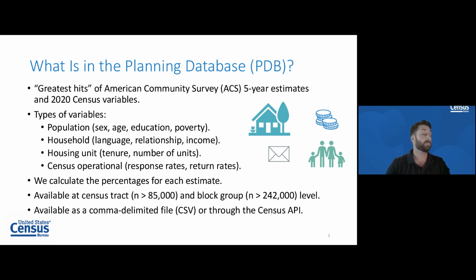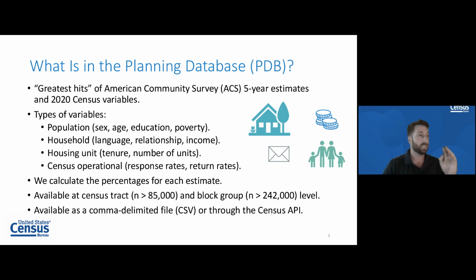We have things related to the population, household characteristics, housing unit characteristics, and then even census operational data, which makes it particularly unique because we also have response rates and return rates. And we have this available at the census tract and block group level. And you cannot get that type of data anywhere else outside of the planning database.